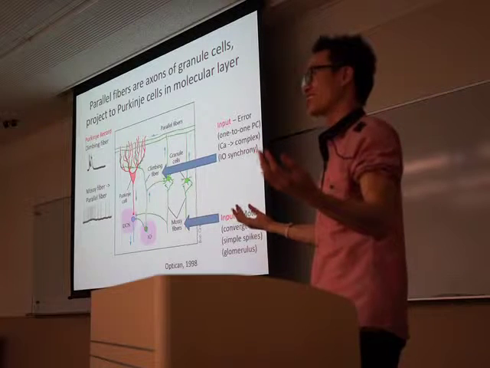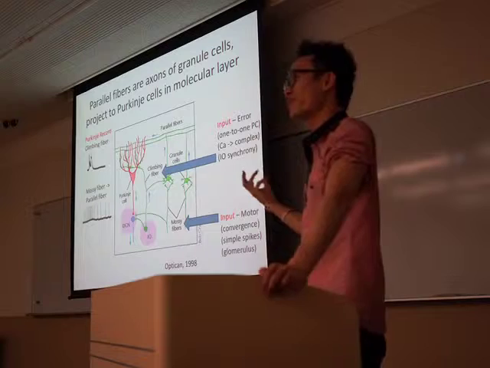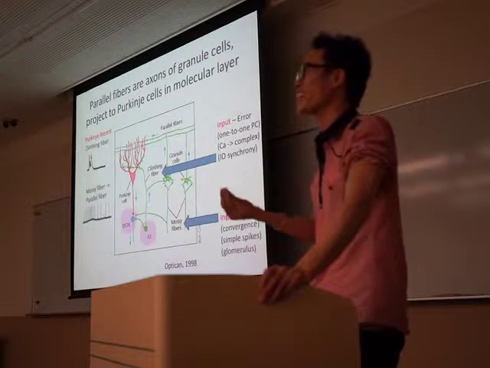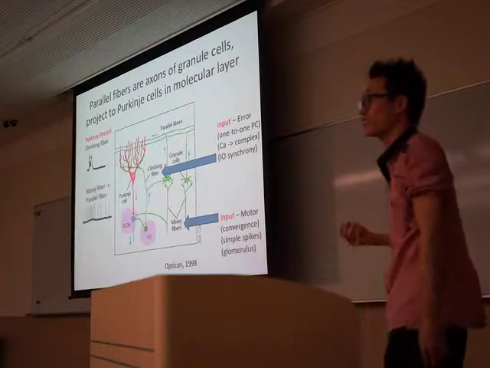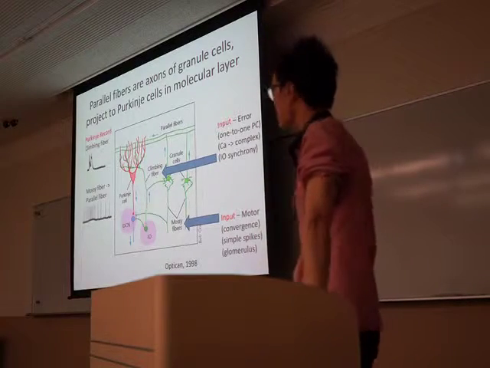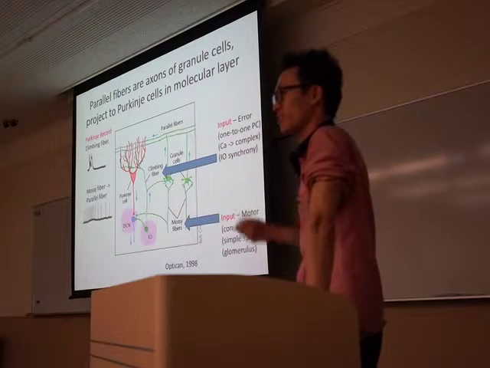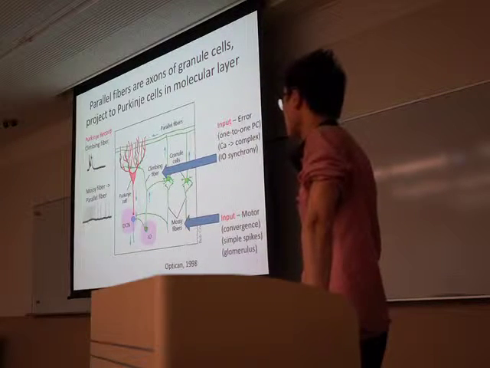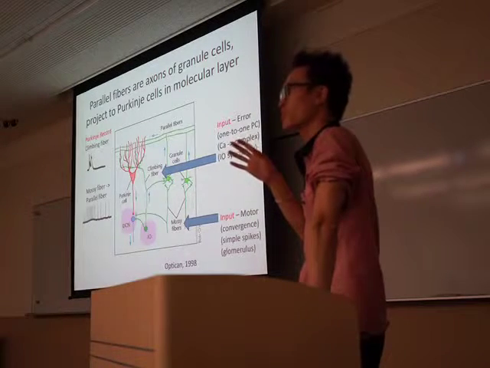So even though you have a huge number of granule cells, that information is still selected already, in terms of what you can actually pay attention to in the motor system. So this is one possible reason why you have convergence, even going into the input. Everybody knows now what convergence means? More or less.